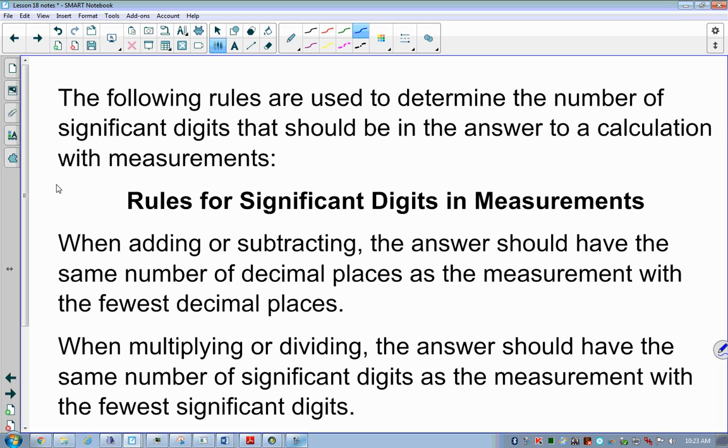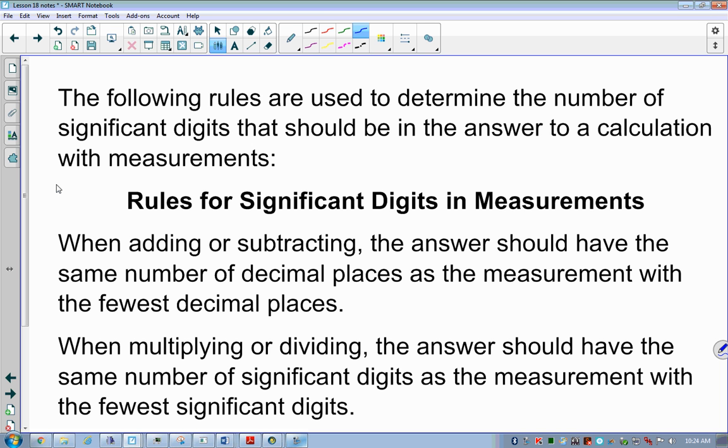Okay? So these rules are used to determine the number of significant digits that should be in our answer to a calculation with measurements. I don't know why they split this up the way that they did, because it's the same rule for addition and subtraction as it is for multiplication and division, which means if I'm adding, subtracting, multiplying, or dividing numbers, I'm always going to have my answer match the number used in a problem that has the least number of significant digits.